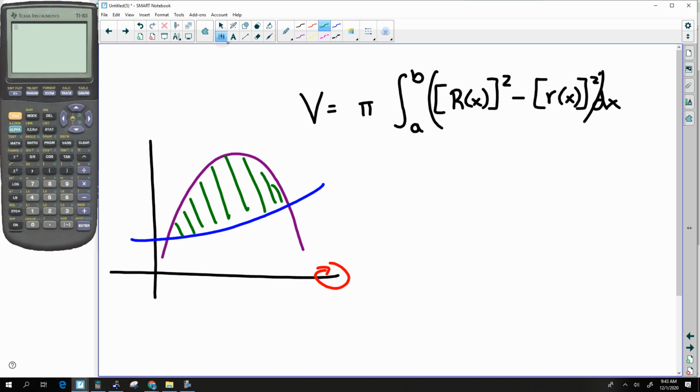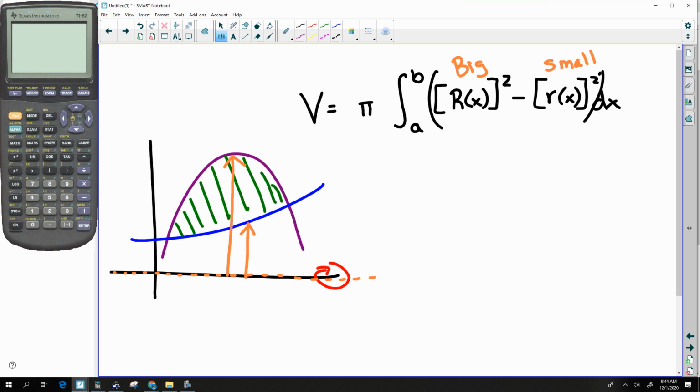What these radii are in this formula is this is the big radius and this is the small radius. And what this radius is referring to is the distance from the axes of rotation. So here we're rotating it about the x-axis. What's the furthest thing from that x-axis? Well, that would be the purple. And what's the smallest thing?